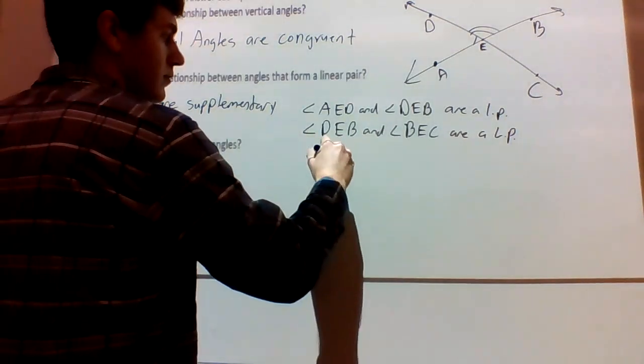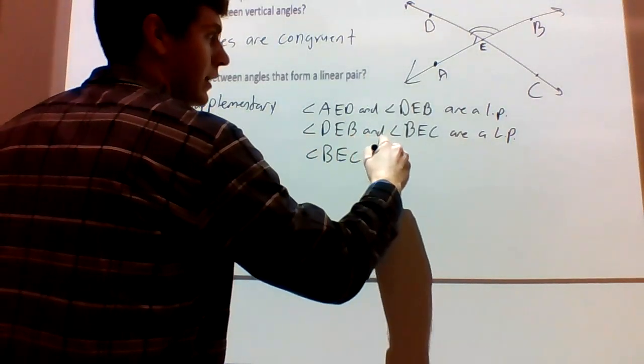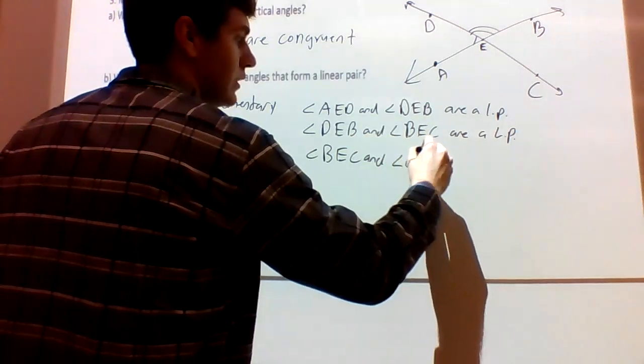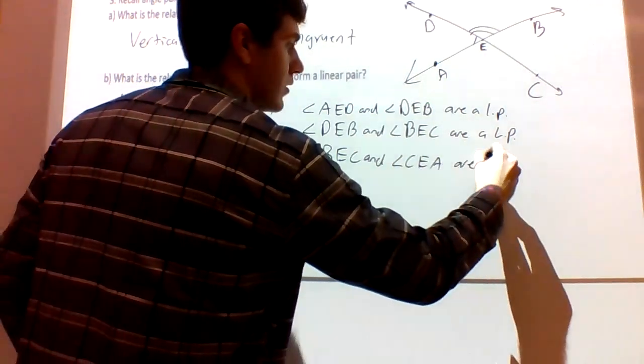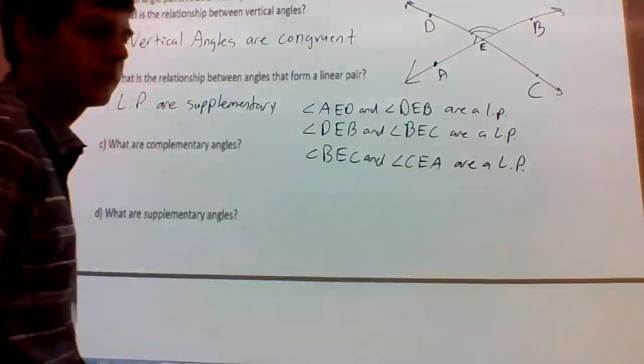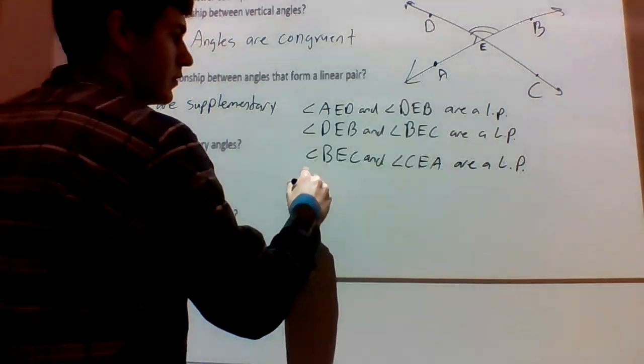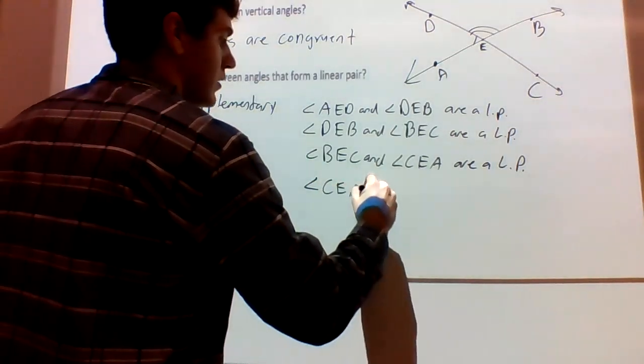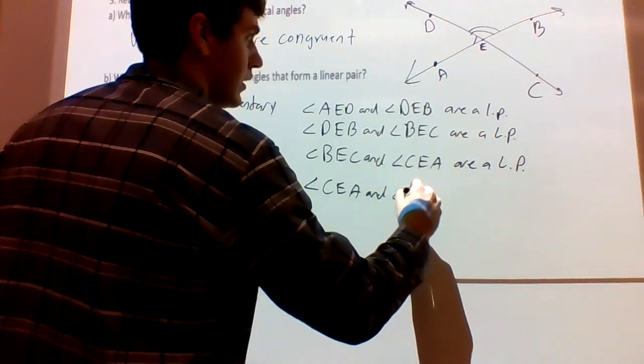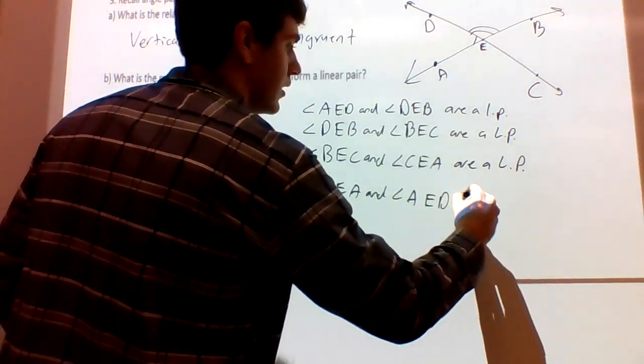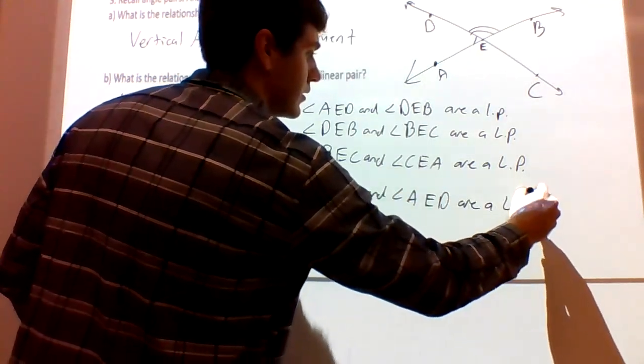Angle BEC and angle CEA are a linear pair. And angle CEA and angle AED are a linear pair.